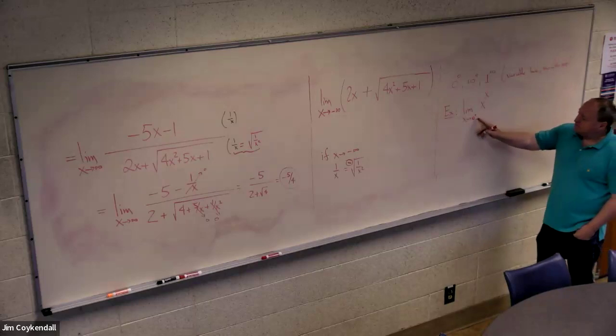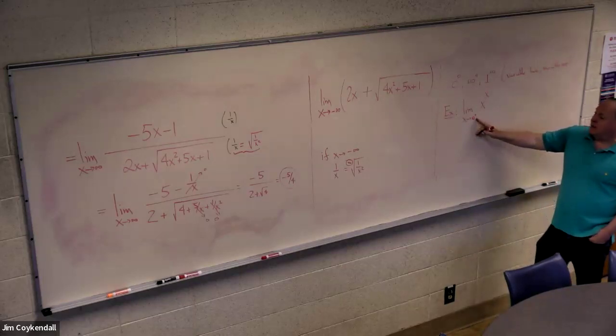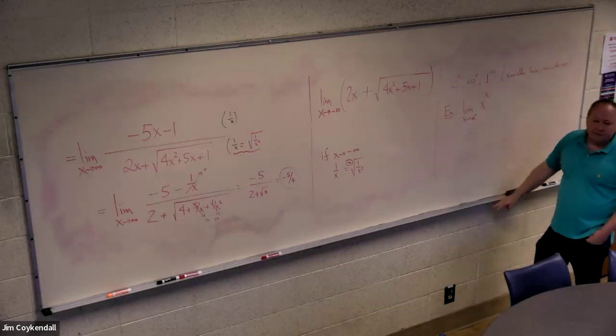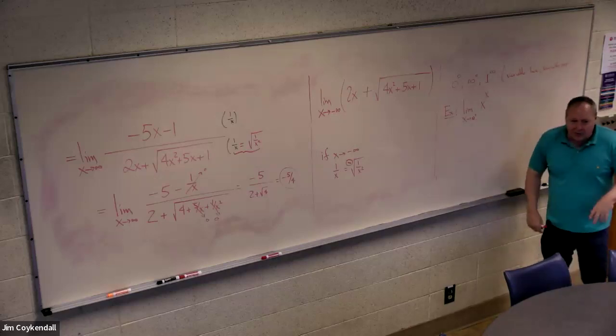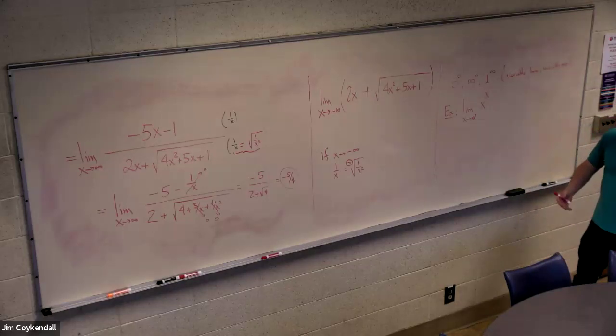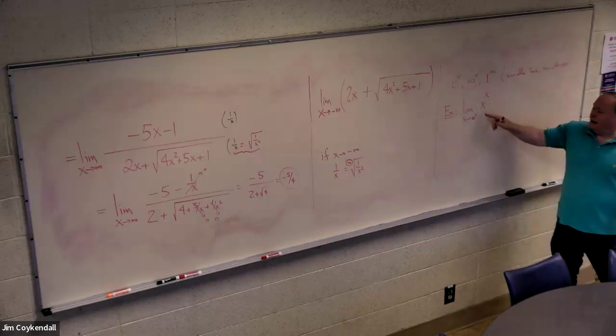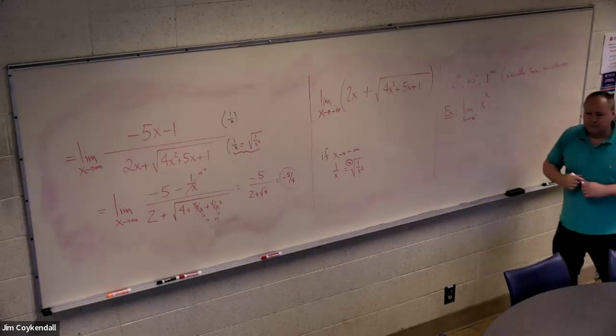And again, this is only defined on the positive side. That's why we can't come in from the negatives. What is 0 to the 0 in this case? 0? It's 1? Maybe it's something else. It depends on how these two are running the base.